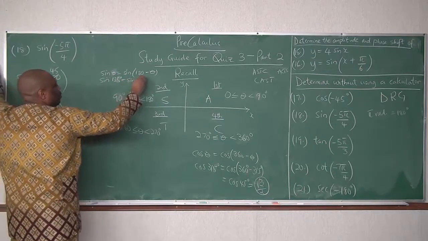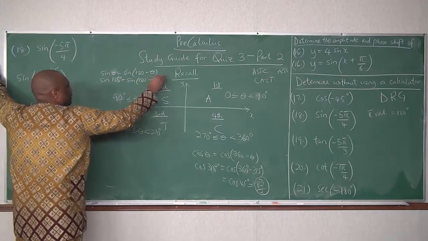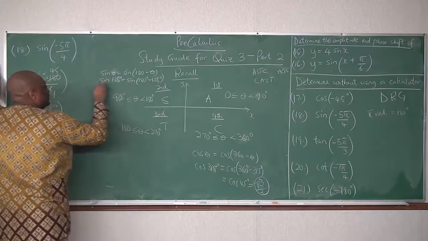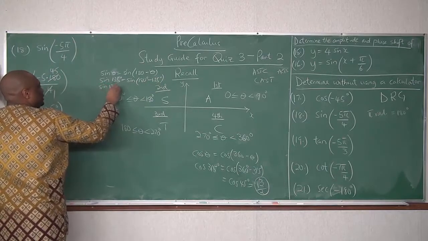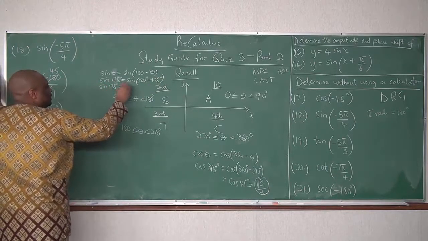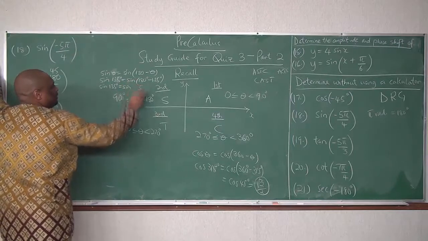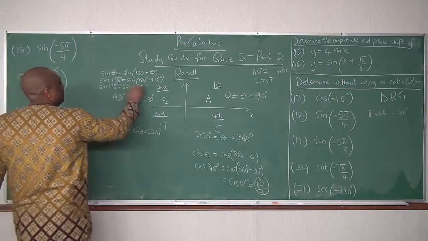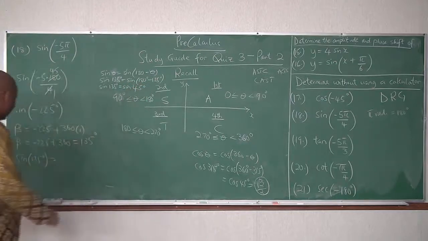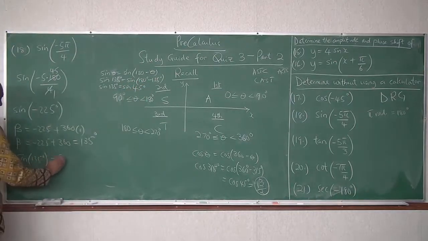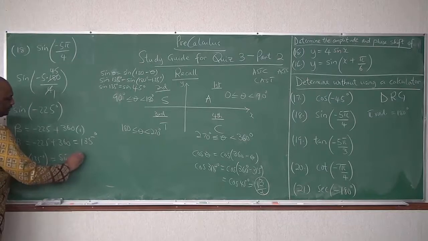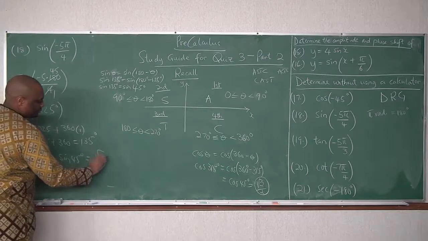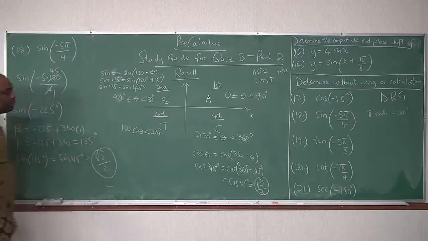So sine 135 degrees is equal to sine of 180 minus 135 degrees, which is sine 45 degrees. Positive, and this is still root 2 over 2.